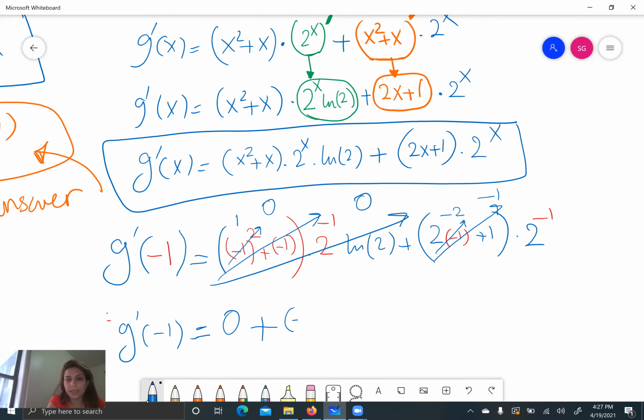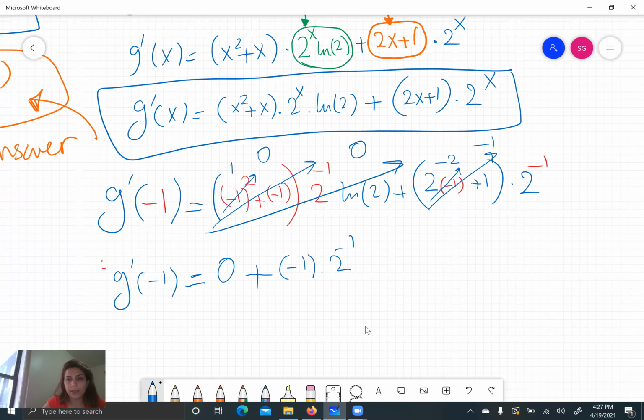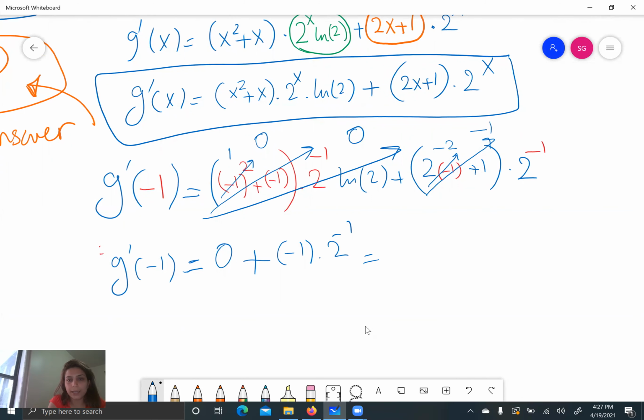So it's negative 1 times 2 to the negative 1. Recall that 2 to the negative 1 is the same as half. So g prime of negative 1 is negative half.